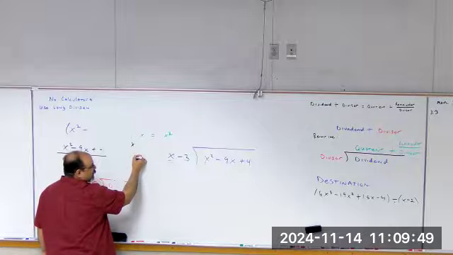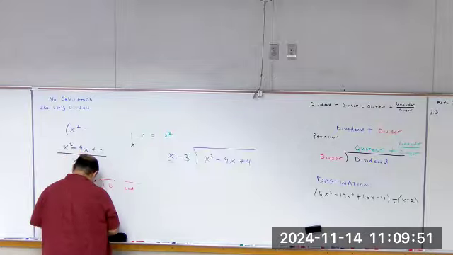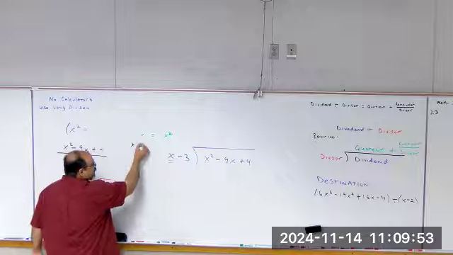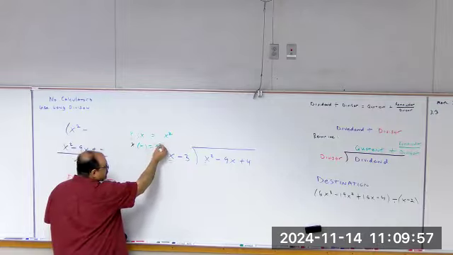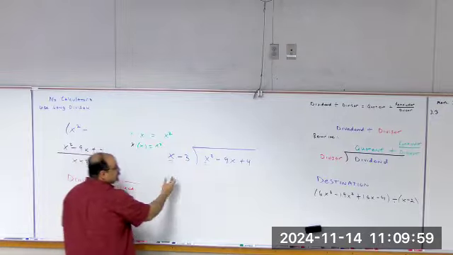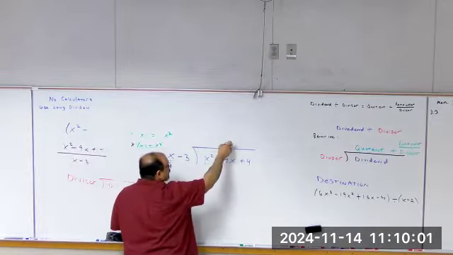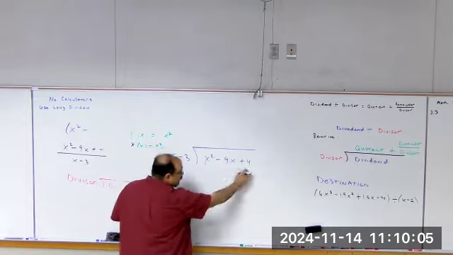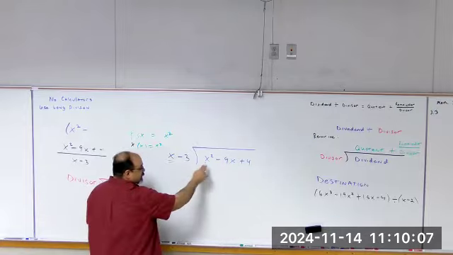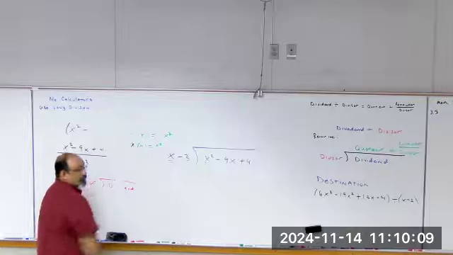I have to multiply by an x. So x times this x will give me the x squared that I want. Because you got to figure out the quotient: what times this equals this? So what times x makes x squared? I need to multiply by x.